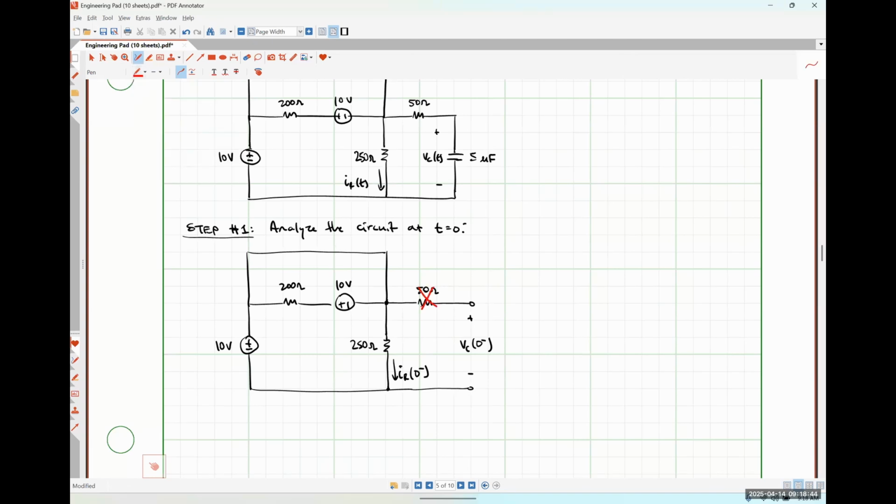So essentially that means that our capacitor voltage is going to be the same thing as the voltage drop across the 250 ohm resistor. So if we find that current IR, we can use Ohm's law to find VC, or if we find that voltage VC, we can use Ohm's law to find that current IR. So anybody have any thoughts on finding either one of those two things?